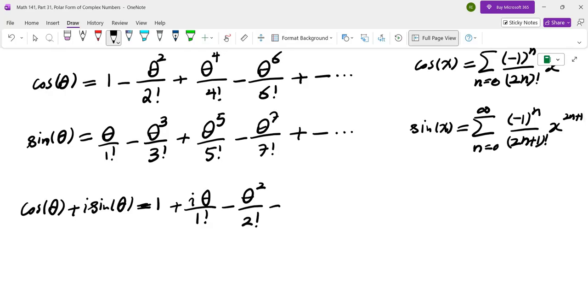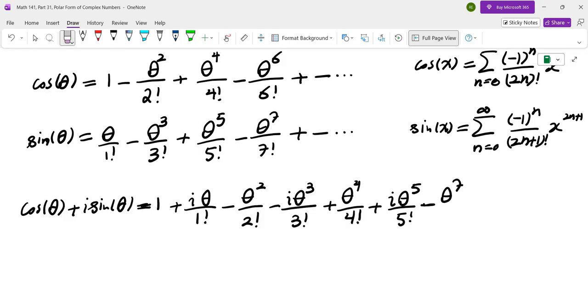The cubic term comes from the sine, negative i theta cubed over 3!, and then plus theta to the power of 4 over 4!, plus i theta to the power of 5 over 5!, minus theta to the power of 6 over 6!, minus i theta to the power of 7 over 7!. As you see, the pattern is plus plus minus minus plus plus minus minus, so the next two terms are going to be plus, etc.